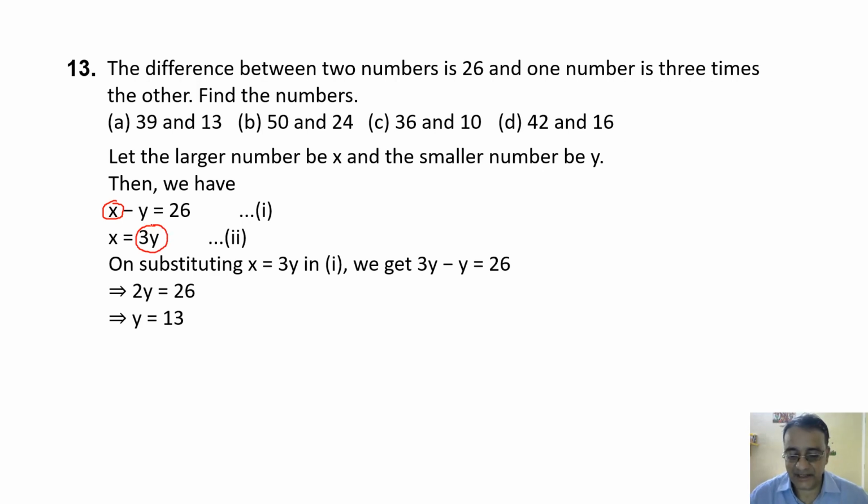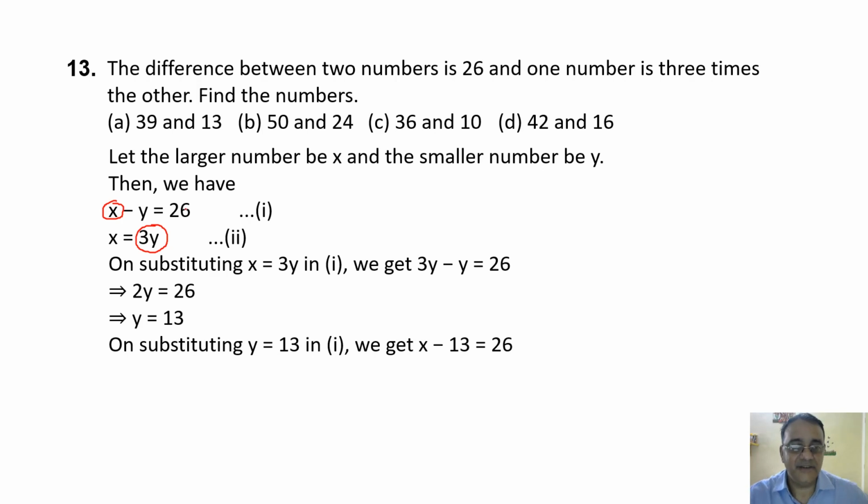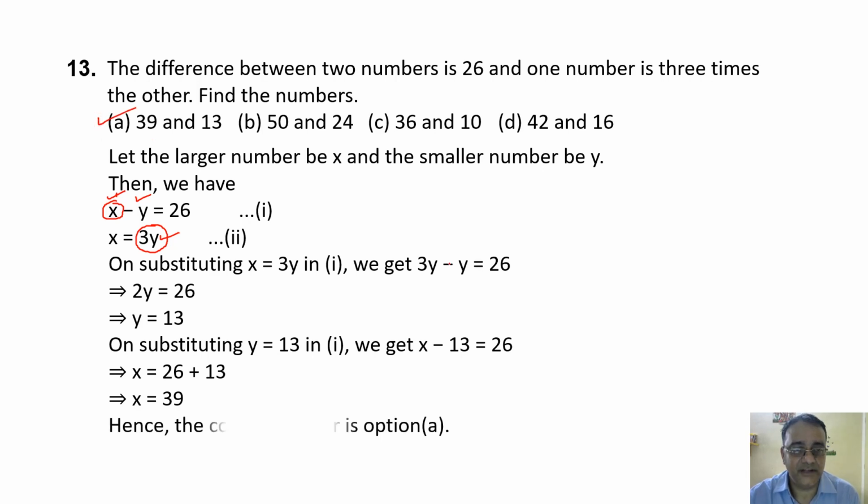So how much will x be? 39. Right, 39. Otherwise, if you substitute y here, then x minus 13 is equal to 26, that is 39. Better to substitute in the second equation. 3 into 13 is 39. Anyhow, you will get the same answer. So what is the correct option here? Option A. Right.